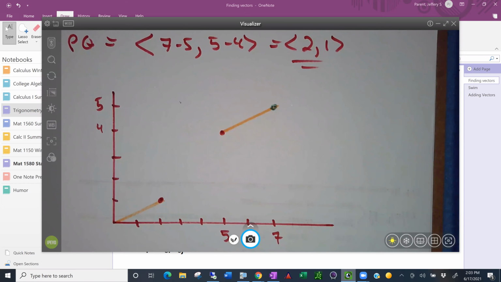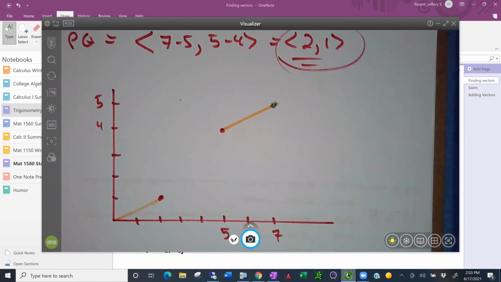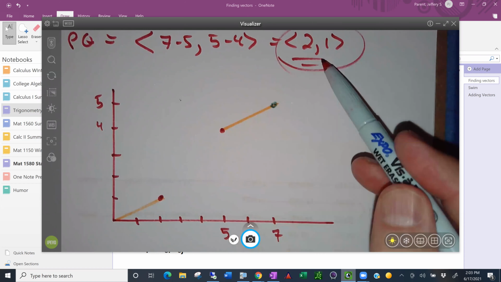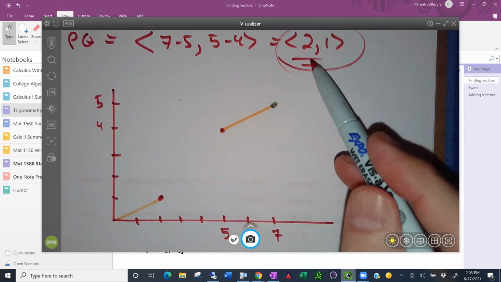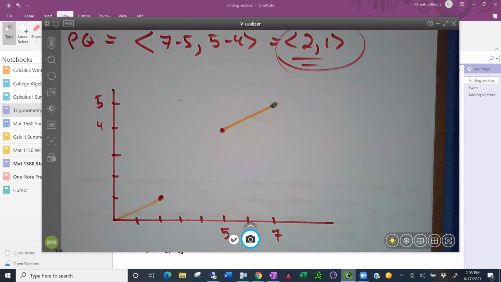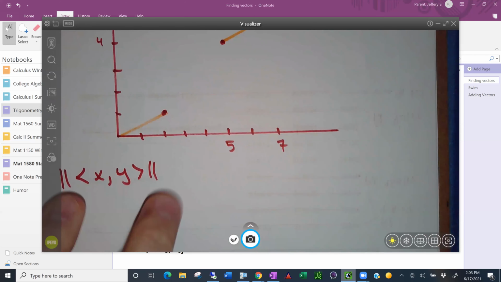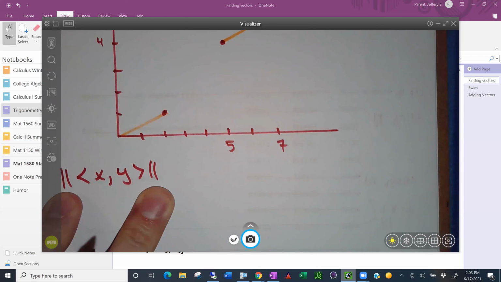One thing would be to find a unit vector that points in the same direction, but is only 1 unit long. And to find a unit vector, what you can do is take this vector and divide it by its length. So what's the length of a vector like this? The length of a vector goes by this notation. Sometimes you'll hear it called the norm of a vector, or the magnitude of a vector, or the length.